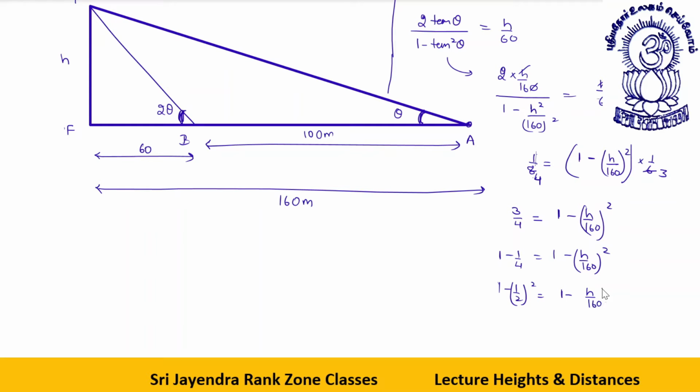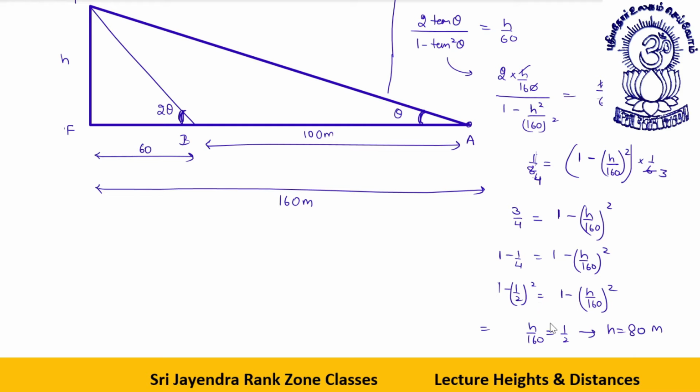So this becomes 1 by 4 is equal to (h by 160) square. This means h by 160 is actually half. Everything is same now. So h is equal to 80 meters.